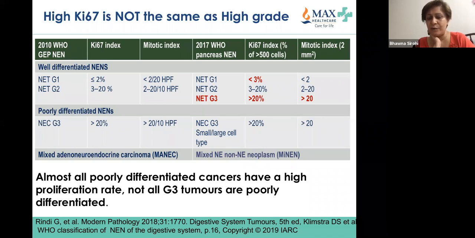It is now relabeled as mixed neuroendocrine, non-neuroendocrine neoplasm, where you have the neuroendocrine element. What do you mean by non-neuroendocrine? We mean adenocarcinoma or acinar carcinoma or ductal carcinoma or squamous cell carcinoma.